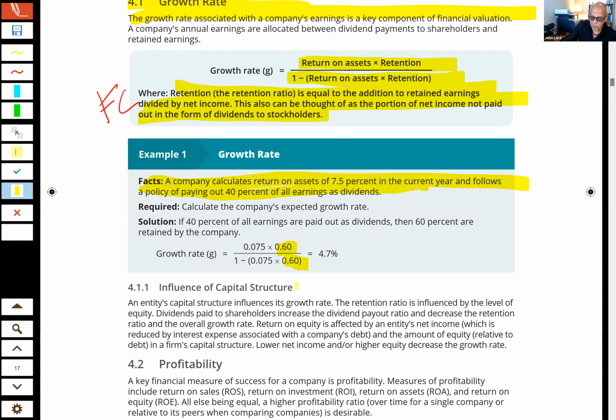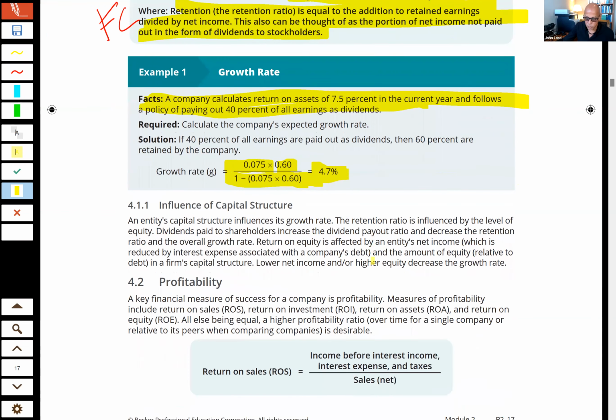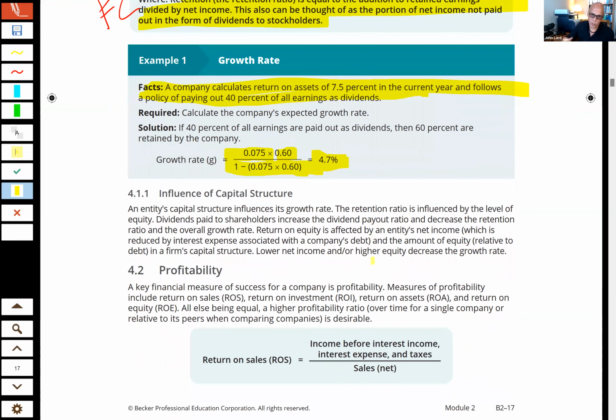We're only retaining 60% of that. And so we take 1 minus the growth, adjusted for the portion as retention, and our growth rate in our retained earnings would be 4.7%. And we could use that then to figure out what our growth rate is.